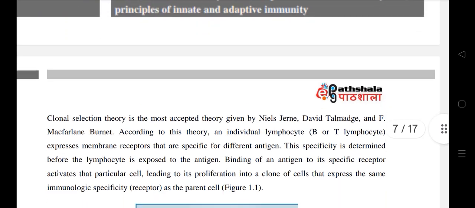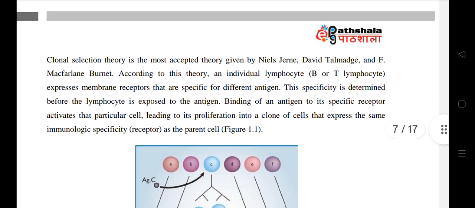Then clonal selection theory. Clonal selection theory is the most accepted theory given by Niels Jerne, David Talmage, and F. Macfarlane Burnet. According to this theory, an individual's lymphocyte, B or T lymphocyte, expresses membrane receptors that are specific for different antigens. The specificity is determined before the lymphocyte is exposed to the antigen.